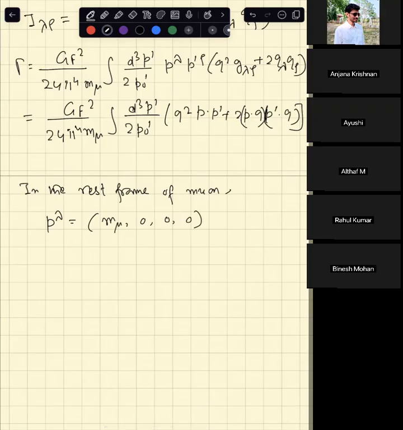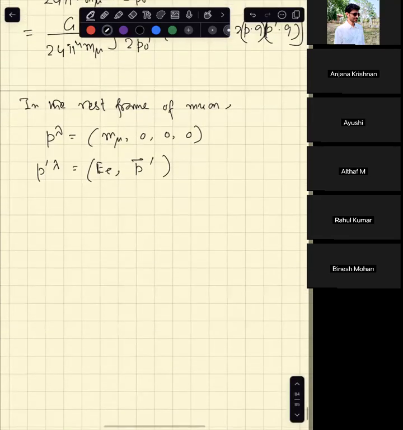And in this frame, if you write down the electron momentum, you write p prime lambda equal to E and then p prime. So E is not the same as the magnitude of p prime because the electron has some mass. For the neutrinos, the magnitude of the three momentum is basically the energy, but because of the mass, the three momentum magnitude and the energy will be different from each other.